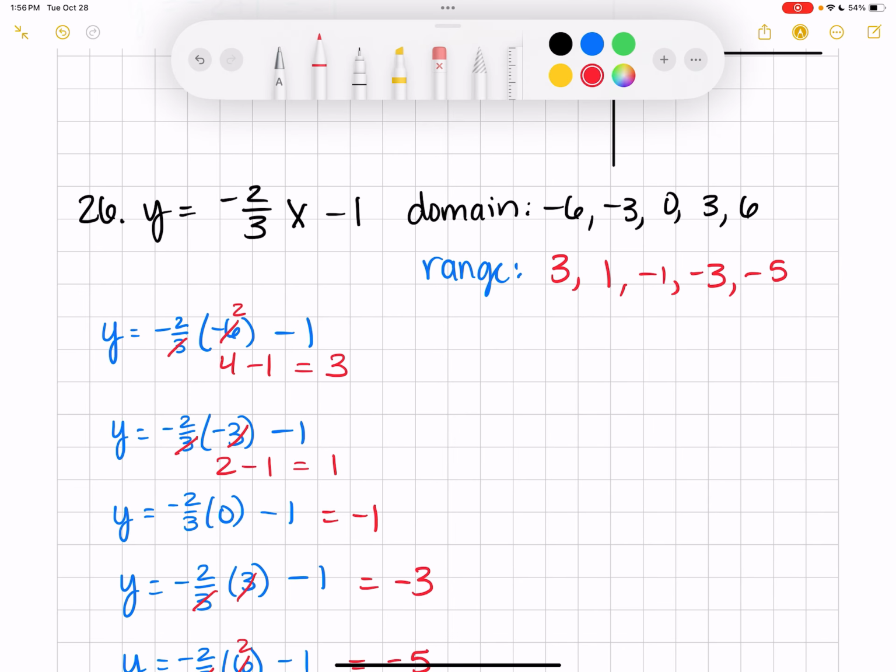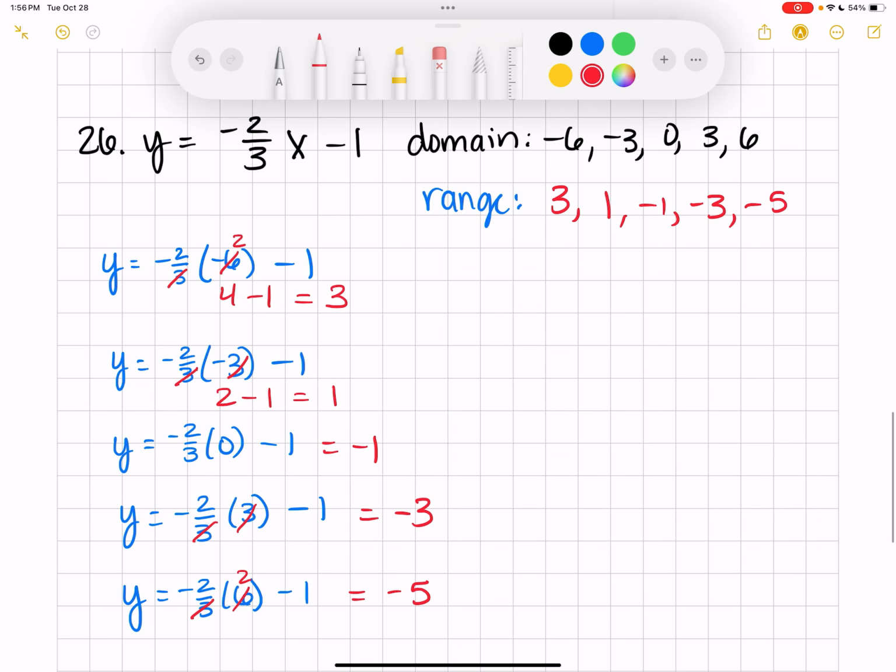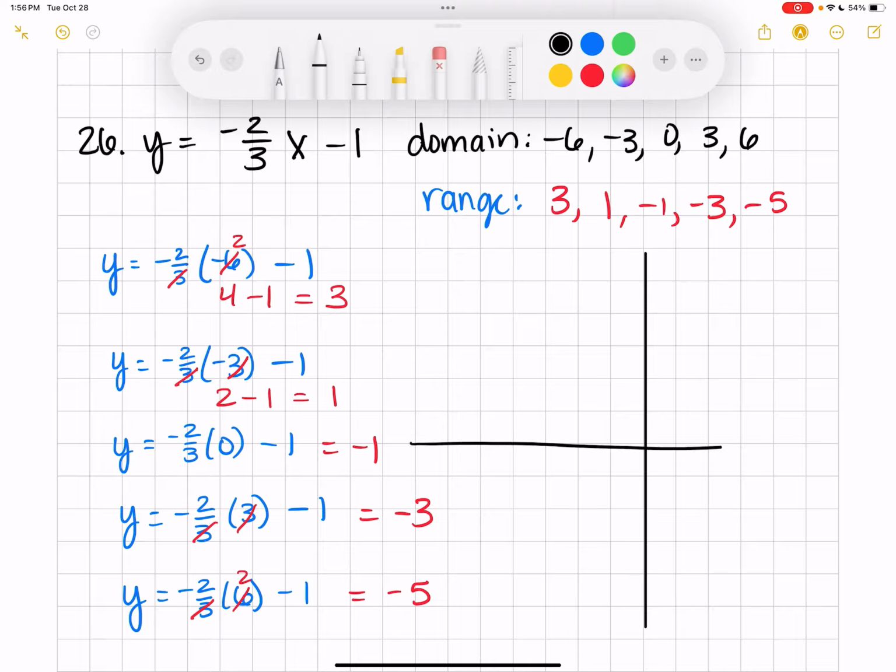So now I need to plot these points. Obviously this graph's a little bigger, so hopefully it will fit over here in my space. Alright, so I have the point -6, 3. So that means I'm going to go left 6 and up 3. I have the point -3, 1.